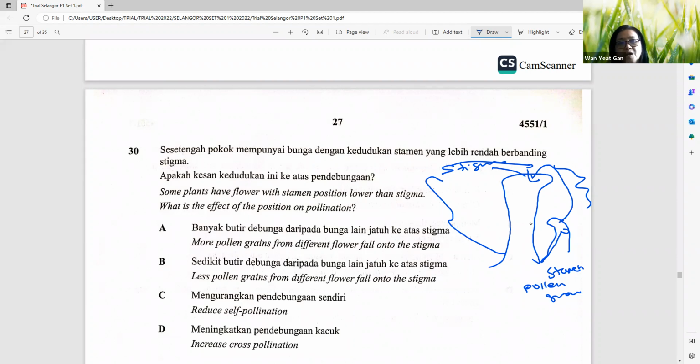Okay, so in a way, it also reduces self-pollination, and it allows more pollen grain from different flowers to fall onto the stigma. So you encourage pollen grain not from the same flower, but from different flowers. So more pollen grain from different flowers fall on the stigma.